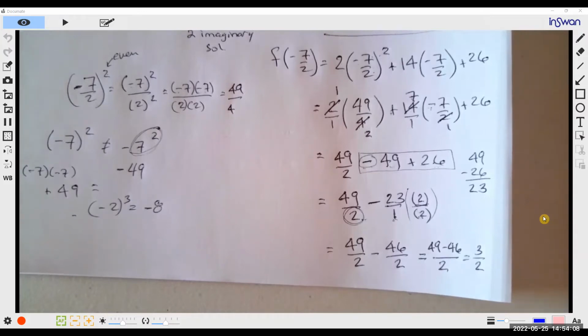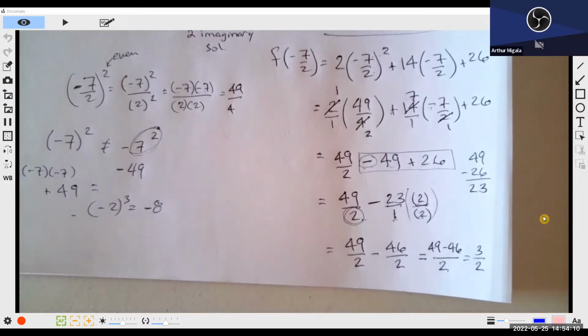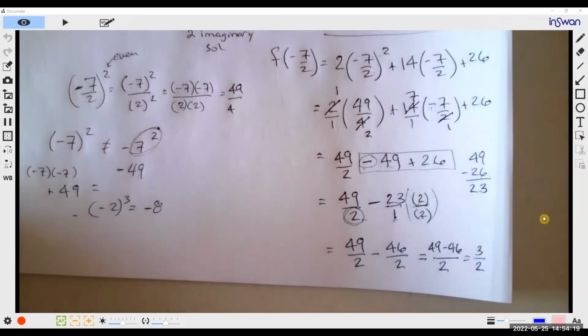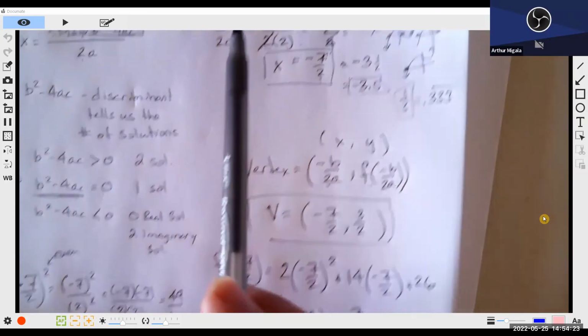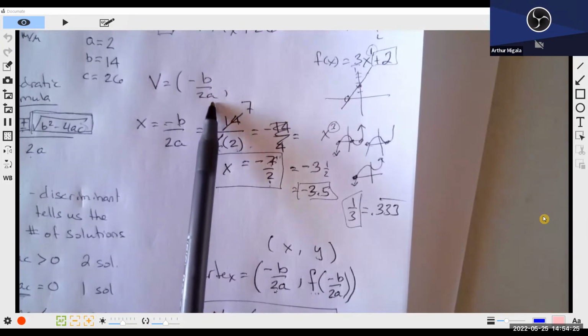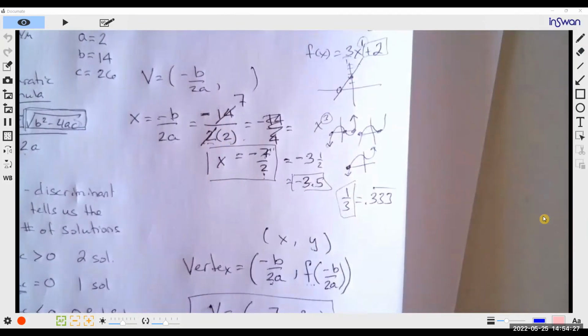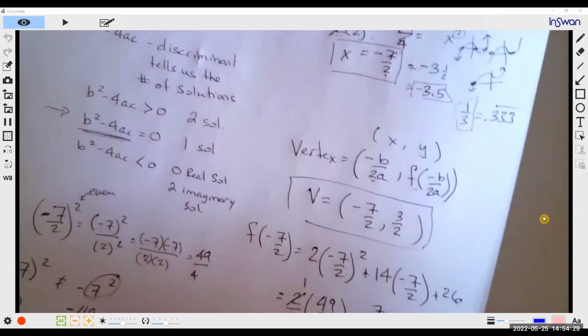I go through all this with more in-depth detail during lectures and in the step-by-step solutions. So that's how you find the vertex, and that's the reason we use this formula for the vertex.